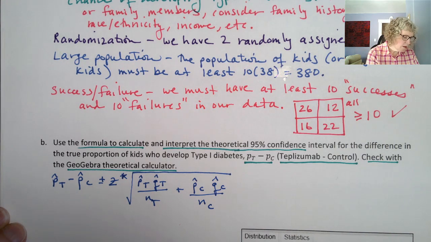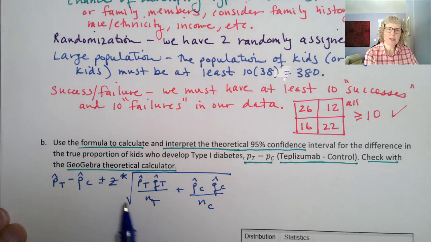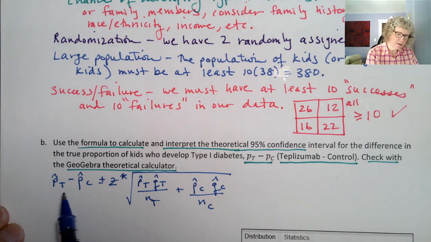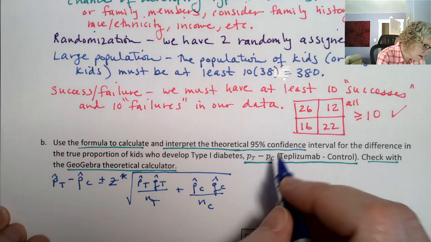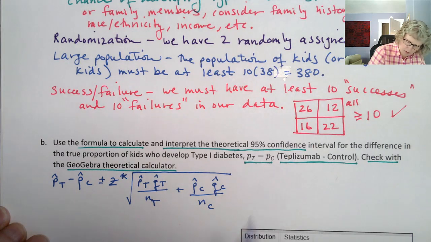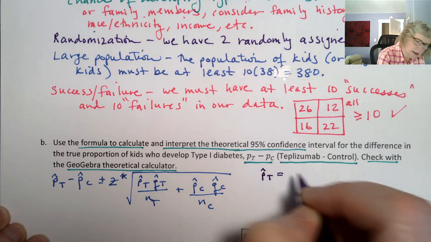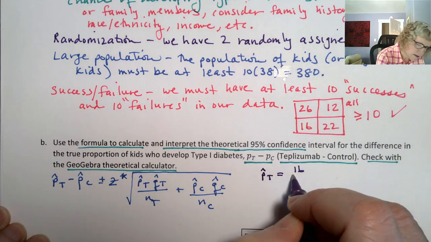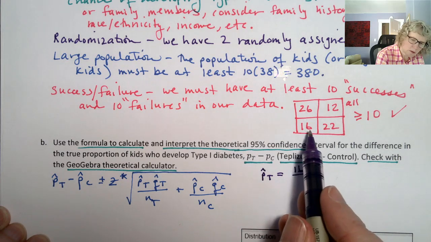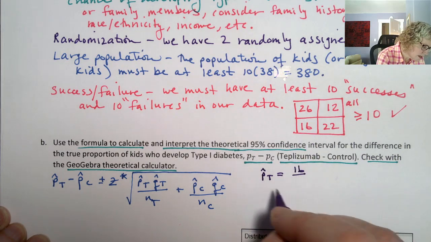And for this one, because we're plugging these in a bunch of times, I do think it's useful to get the individual decimals. I didn't before when I did the difference. So let me just write that over on the side. P hat T was the second one, 16 over 38.